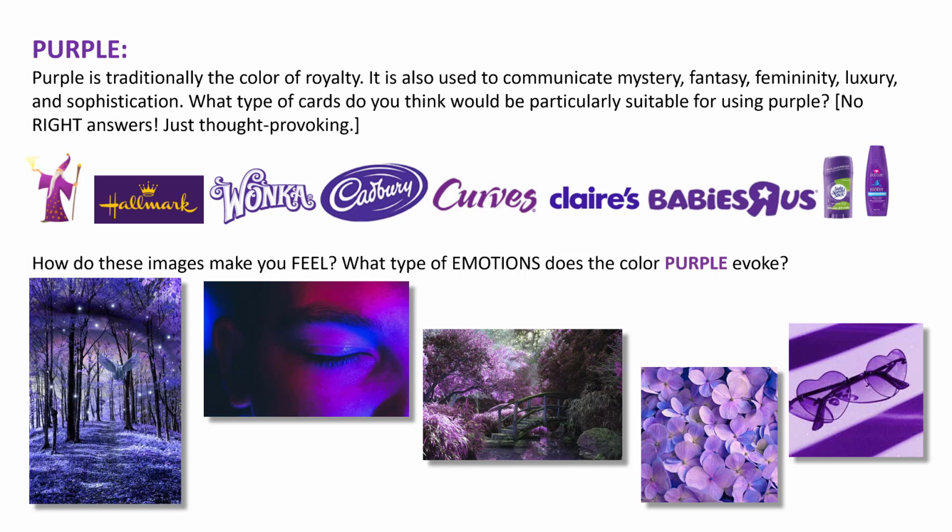There's these like starlights, and there's an owl flying, and it's kind of a fantasy world, and they made it purple. The second one is mysterious, isn't it? And it's purple. Then, of course, we have the natural look of purple in the next two floral ones, and the last one, well, I don't know who wears purple heart sunglasses, but it does look feminine, and it does look kind of sophisticated. So they chose purple for a reason.